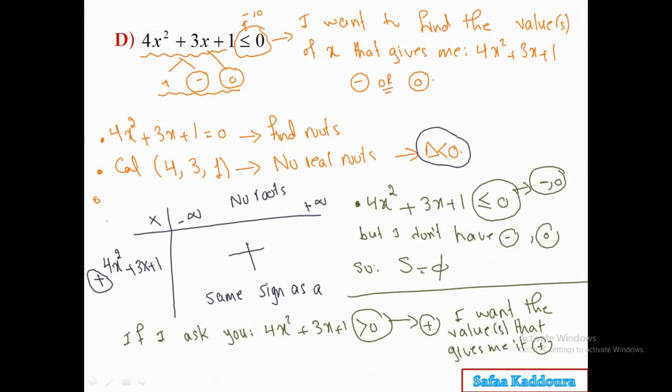So go to the table and look for the positive sign. This is the positive sign. It is from minus infinity to plus infinity. So we will write x belongs from minus infinity to plus infinity. And always at plus infinity and minus infinity, an open interval. Okay, let's continue.